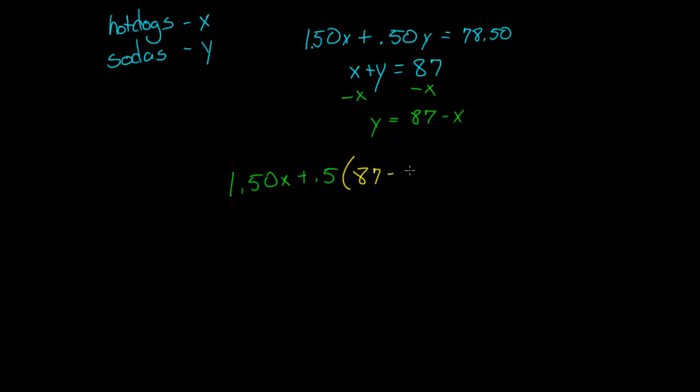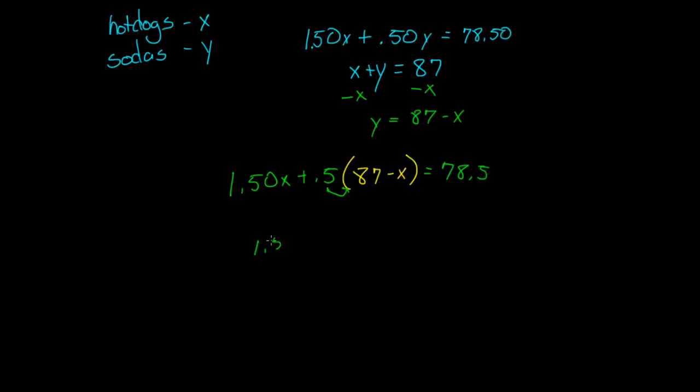87 minus an X equals 78.5, dropping off the zeros. Now let's do our distribution. Multiplying by 0.5 is saying multiplying by 1/2, so if you multiply by 1/2, you're going to divide by 2.